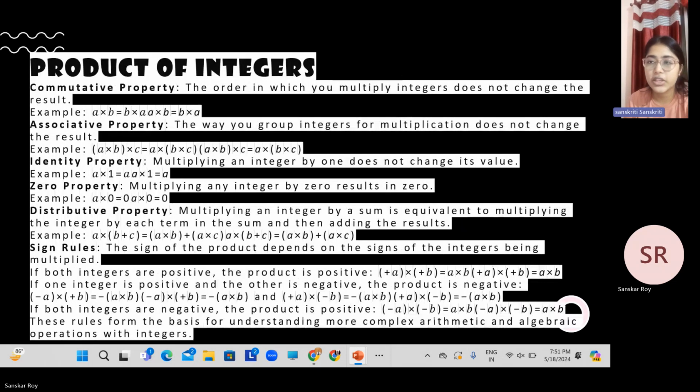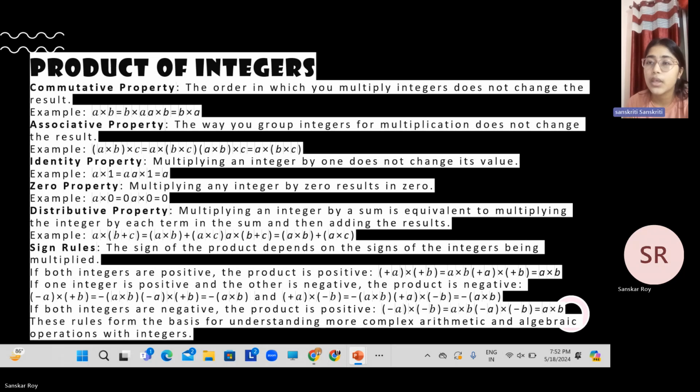Now, product of integers. Some rules are here. Commutative property, same as previous: the order in which you multiply the integers does not change the result. Example, a into b will be equal to b into a. Associative property: the way you group the integers that will be multiplied, the result will remain the same.